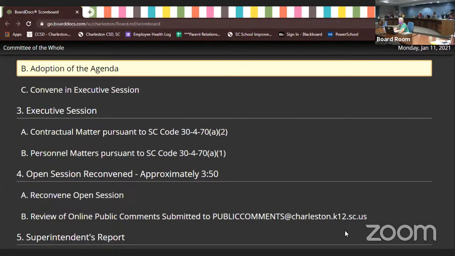Madam Chair, I move that we adopt the agenda with the following changes. Item 7D is clarified as for action, and we add an information item 4B for public comments to be received. So the motion has been made. Do we have a second? Second.